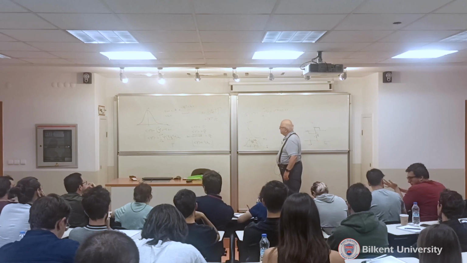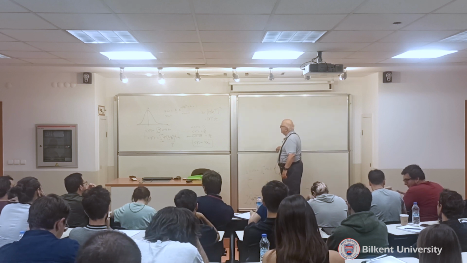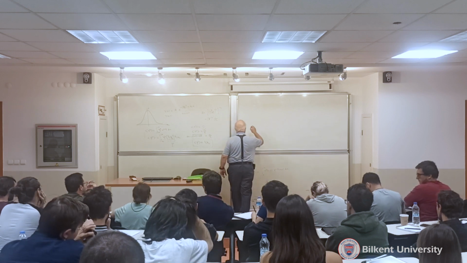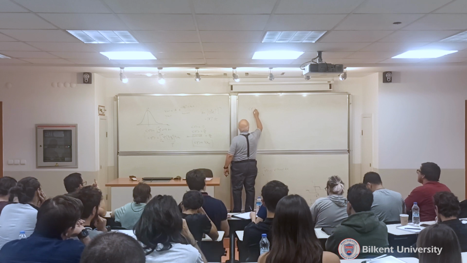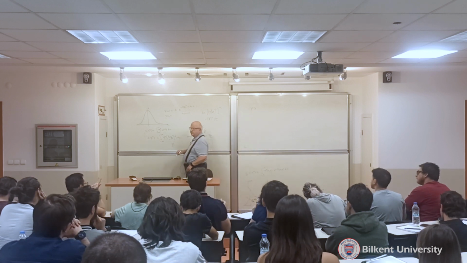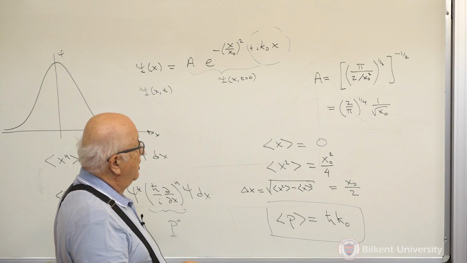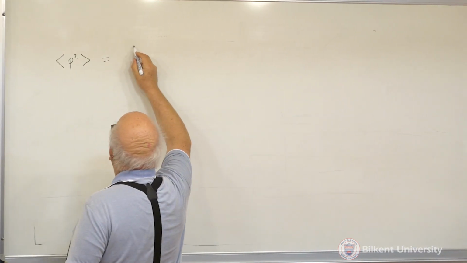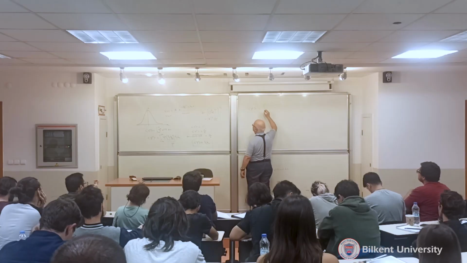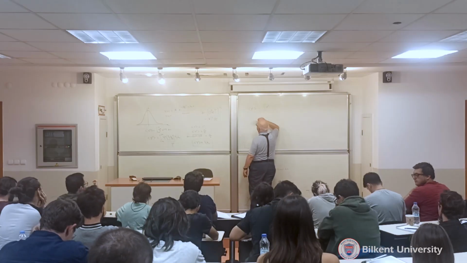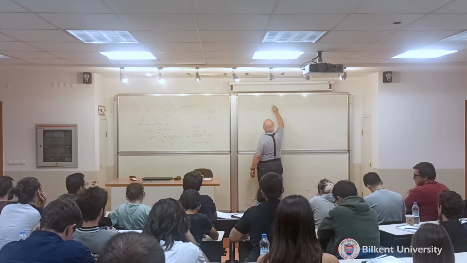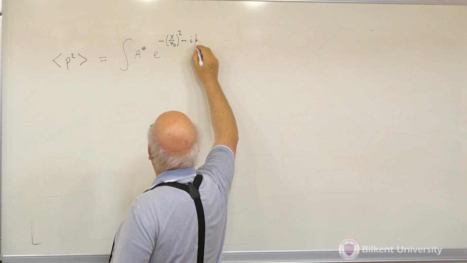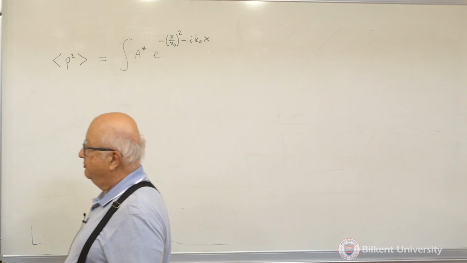Let's just now move on to p squared, the expectation value of p squared, because I want to also find the fluctuation in the momentum as well as position. So that is going to be equal to my integral psi star, let me just write it out, a e to the minus (x over x0) squared minus i k0 x, because it's a complex conjugate, right?